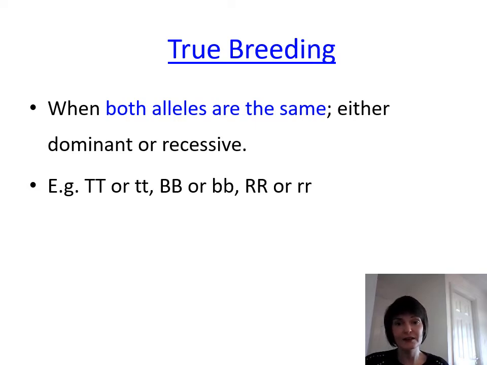The two alleles are the same. They're either two dominant or two recessive alleles. So we call that true breeding. So true breeding is when both alleles are the same, and they could be both dominant or both recessive.